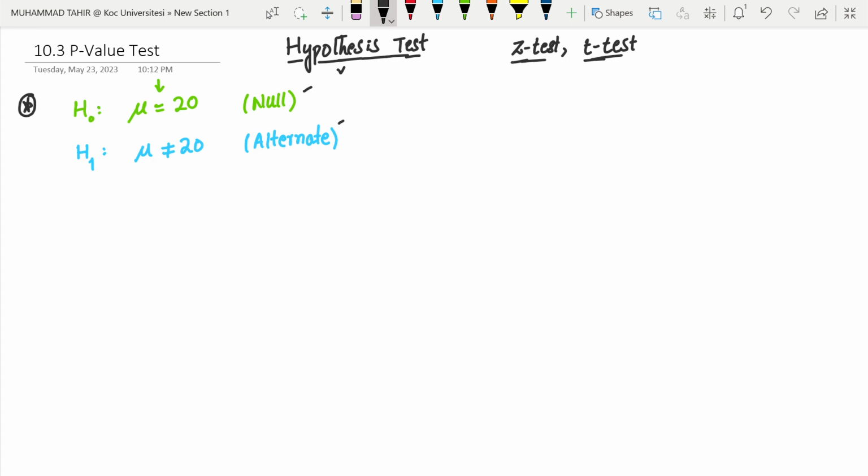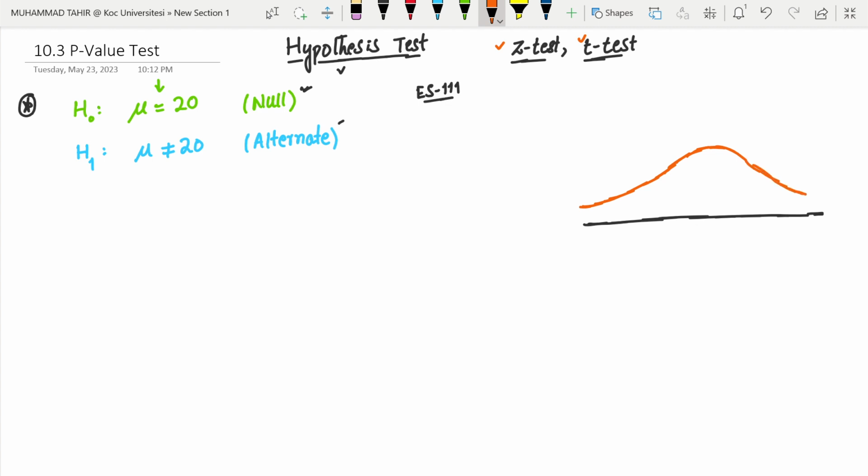So in order to decide whether we accept that the average age of GIK students is 20, we can pick a sample, let's say some students from the ES 111 class, and calculate mean and variance and see whether my claim is true or not. This is performed using a Z or T test. I'm just going to give a very short recap of no more than 2 minutes about Z and T test.